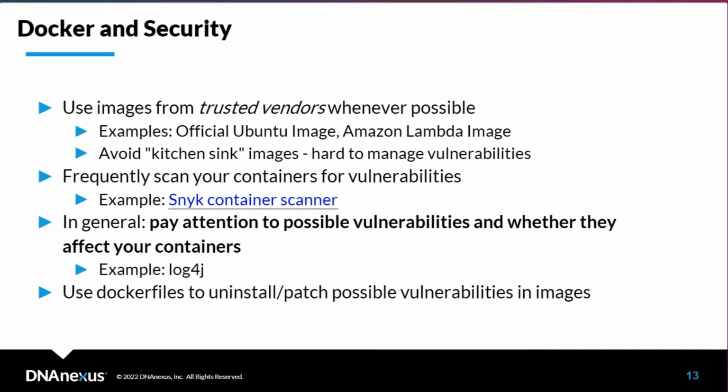An example of a vulnerability we're probably all familiar with is log4j, which affected quite a few different web stacks. So be very careful when building your image files. If necessary, use Dockerfiles to uninstall and patch possible vulnerabilities in your image. We'll be talking about Dockerfiles in a little bit.